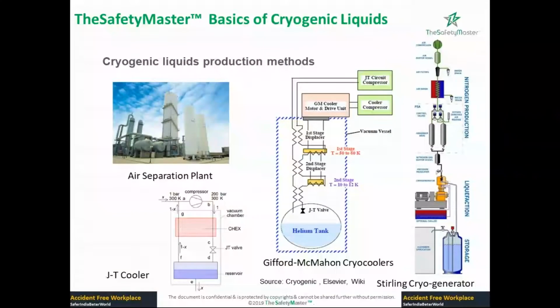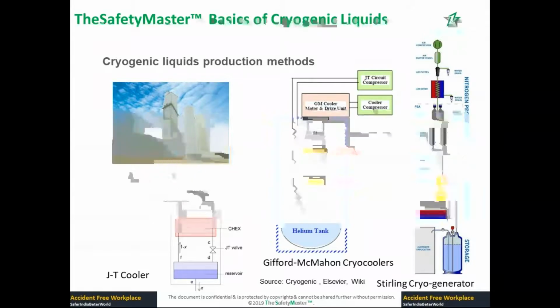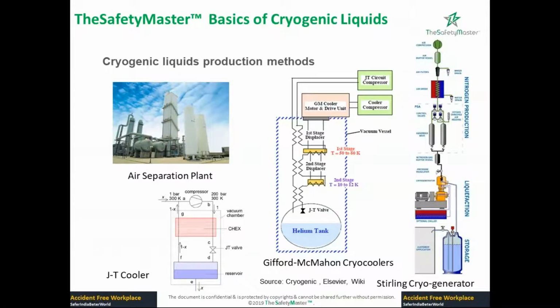Now let us look at the various production methods. One of the standard production methods of cryogenic liquid is the air separation plant, where you take air inside the plant using a compressor, and then you separate the air into nitrogen, oxygen, argon, and other noble gases using the distillation column, depending on the purities you require.